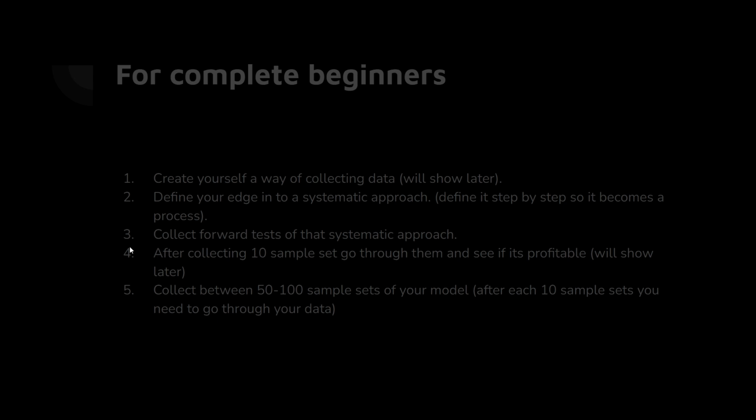But as you know, I want you to go through 10 sample sets of your model, of your systematic approach, and after those, I want you to look through the data. So after all 10 sets, you look through the data. You can also do it after 2 sets, but it depends on the trade frequency.